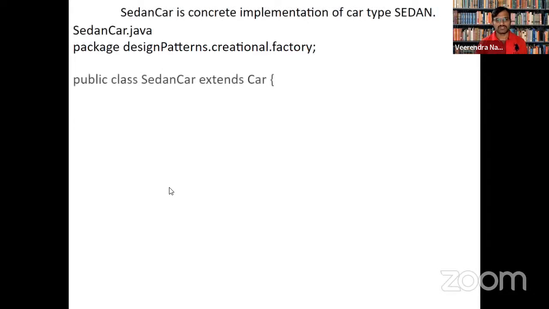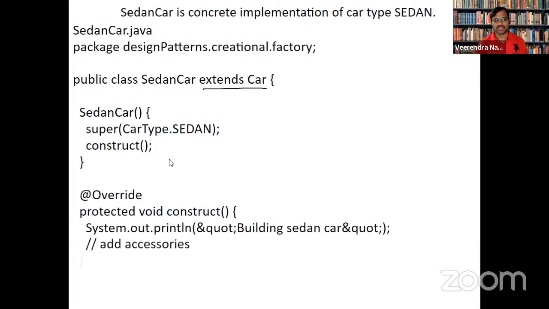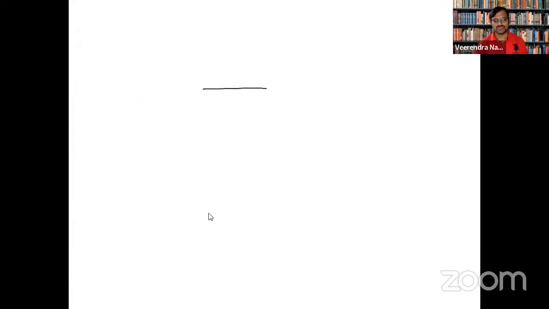I will go a little bit slow. It will extend car as usual, like in the previous case. And for the sedan car, car type sedan construct, we are going for overriding it, and this is how we are going to build the three cars. If I summarize the things, car is the parent class.